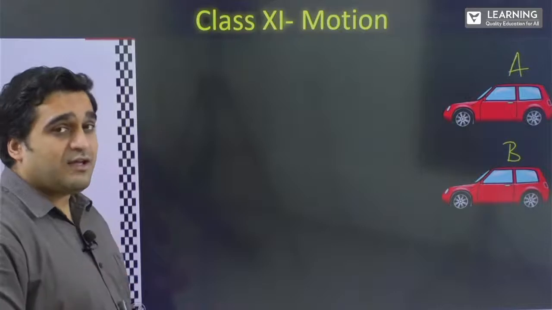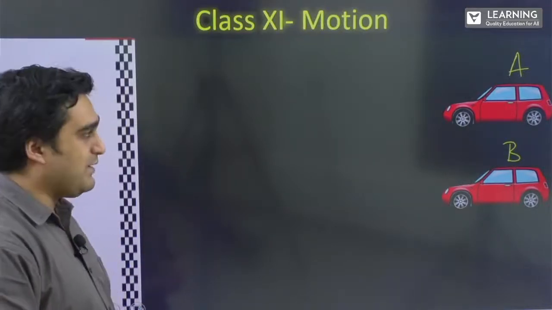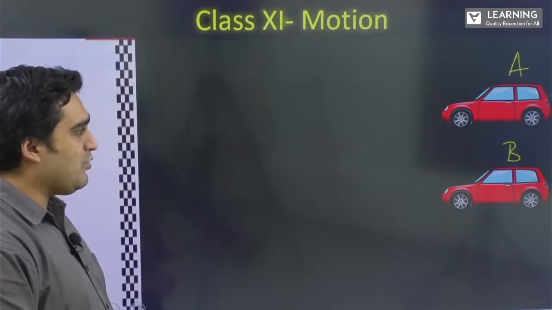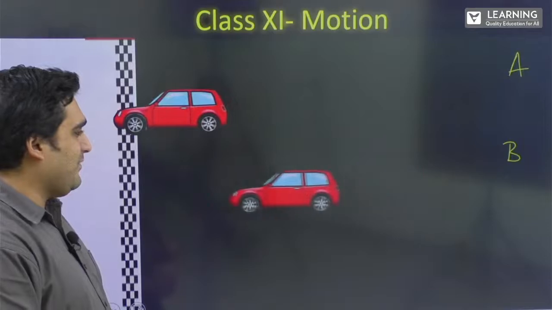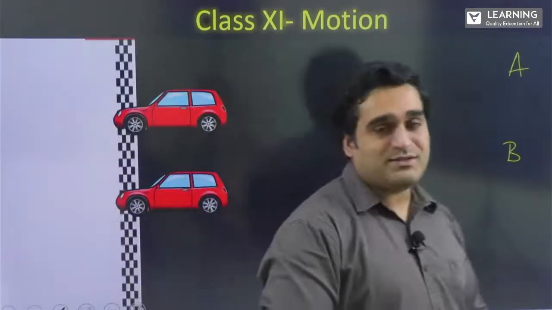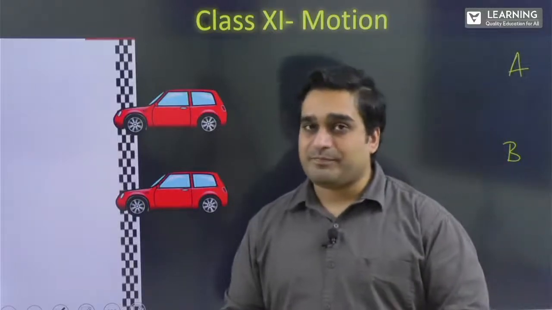Now let's have a look at it. Who wins the race? Is it car A or car B? 3, 2, 1, go. So you observe that car A wins the race and comes first, followed by car B.